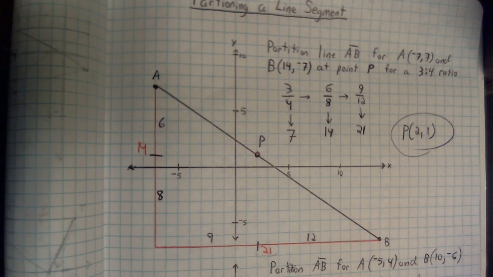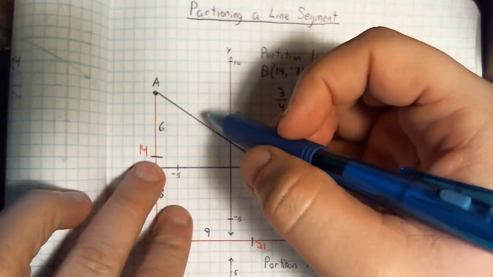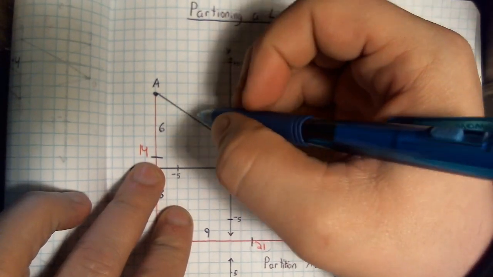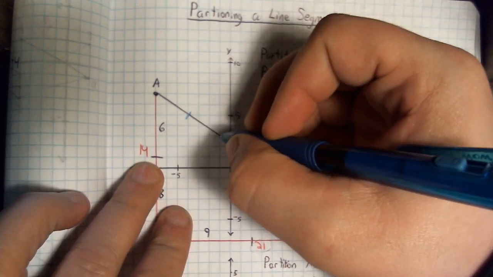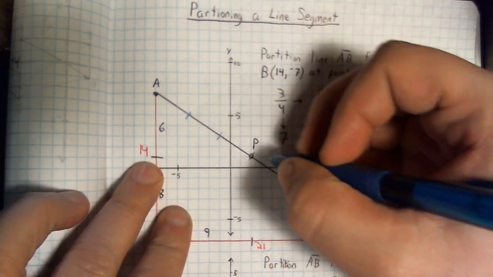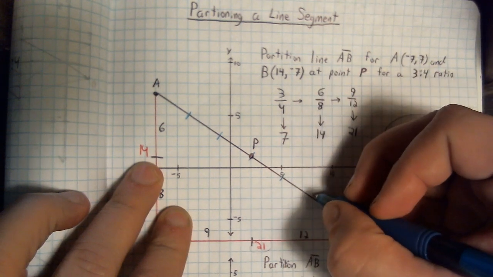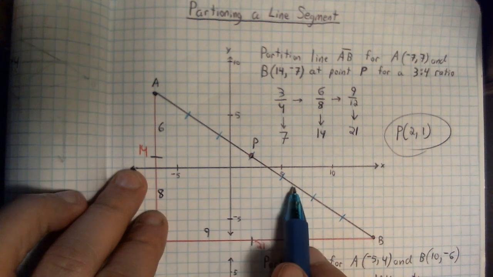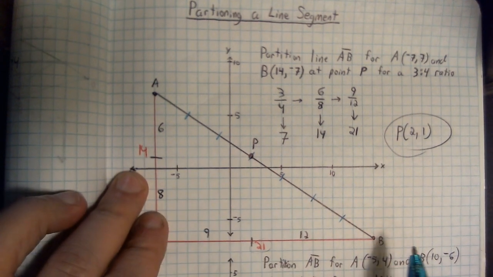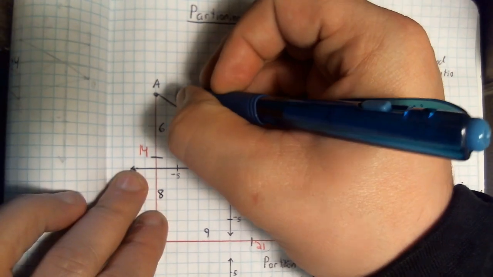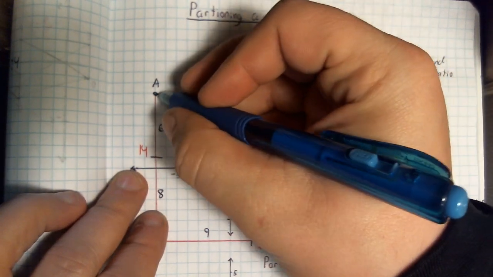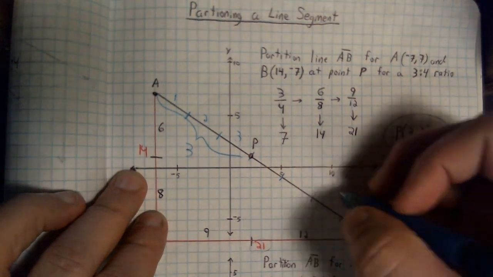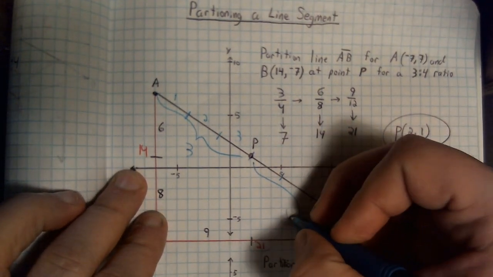Now, I'm going to show you exactly what's happening here. We can actually see that we're going over 3 and down 2, and we notice that if we were to chop this piece of line up, we actually have 1, 2, 3, 4, 5, 6, 7 pieces, and we have 1, 2, 3 on this side, and 1, 2, 3, 4 on this side.